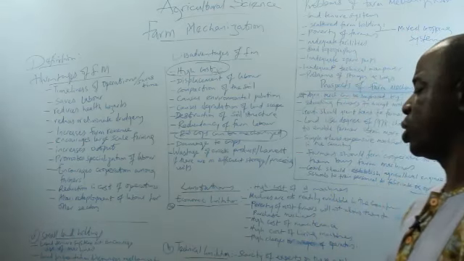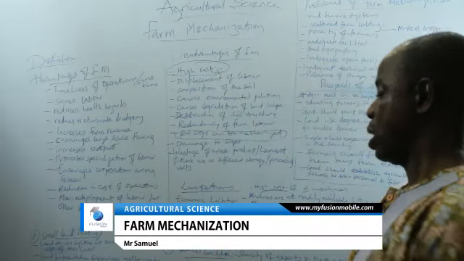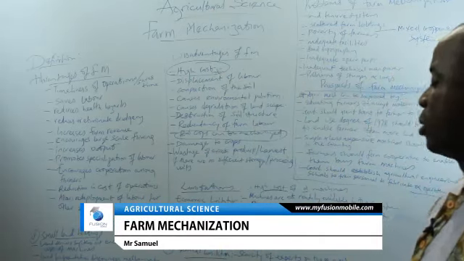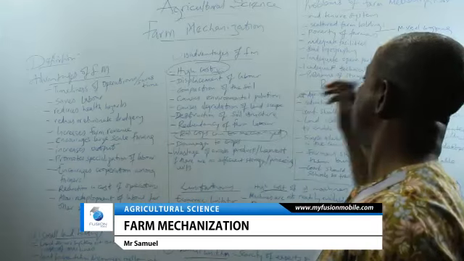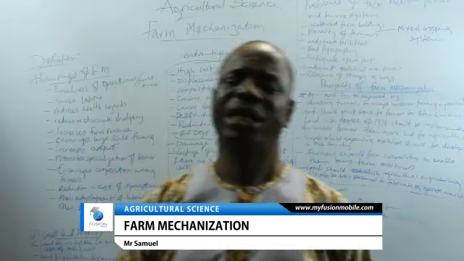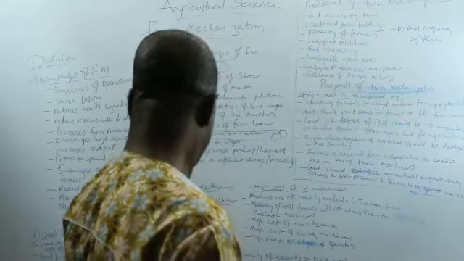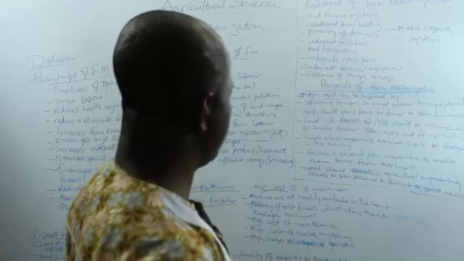This will not encourage mechanization. And lastly, peasant farmers have small landholdings. I mentioned that before. They have small landholdings which are scattered at different locations, and there's no way that the land could be brought together, thereby frustrating farm mechanization.